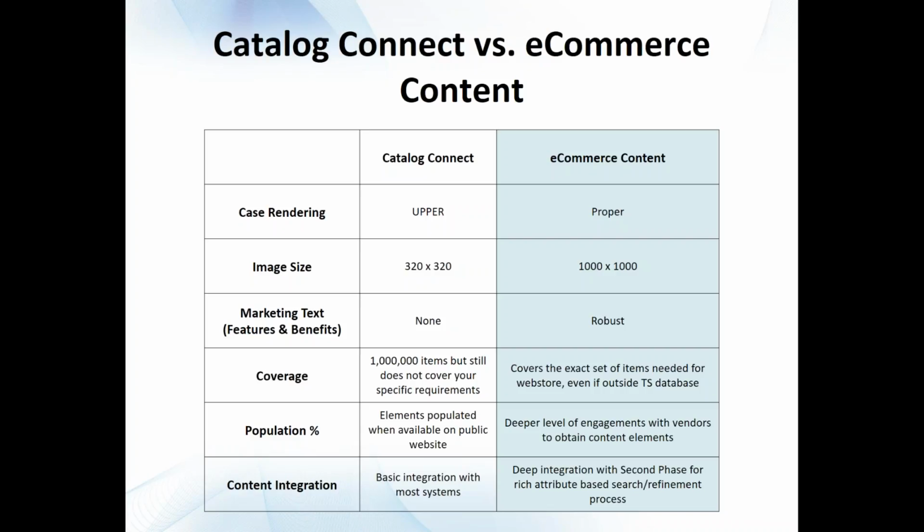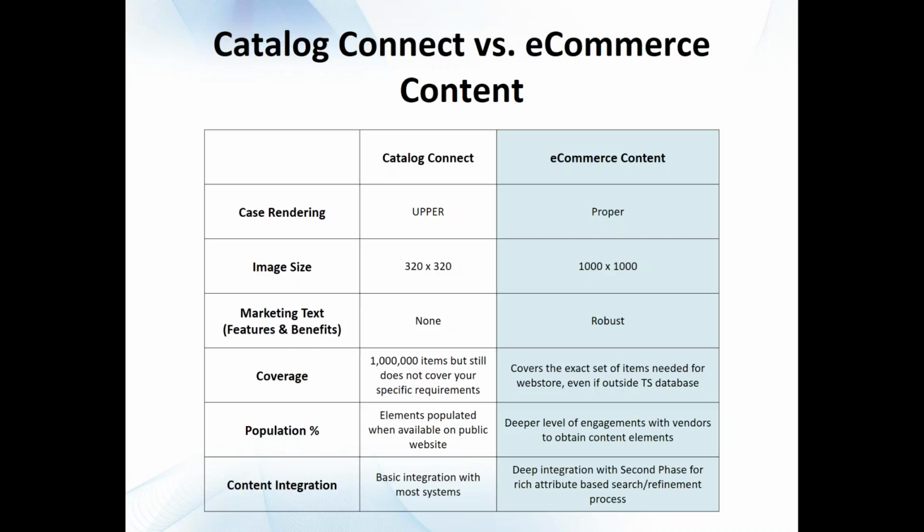And then content integration. Catalog Connect, we provide the information out there. It does connect automatically with quite a few enterprise systems, Eclipse and Nextrend and P21 and so forth. But this content, specifically with second phase, is deeply integrated within the second phase LSI tool, so that not only can you display the information, but you actually can take advantage of the attributed content to create a search, find, and refinement process that is really simply amazing.